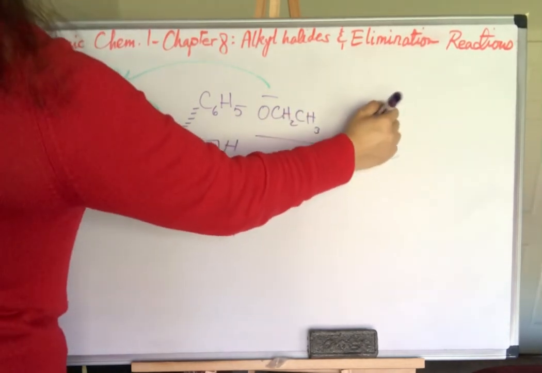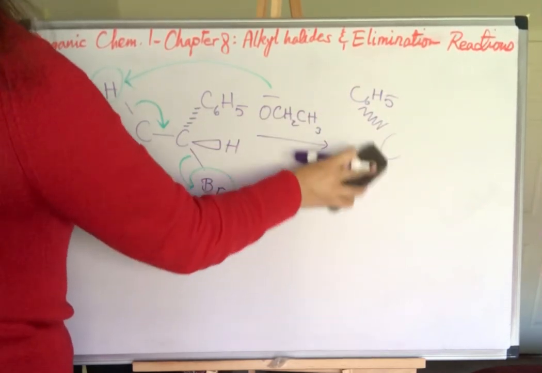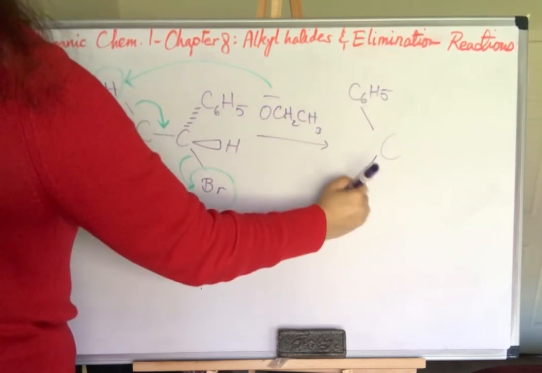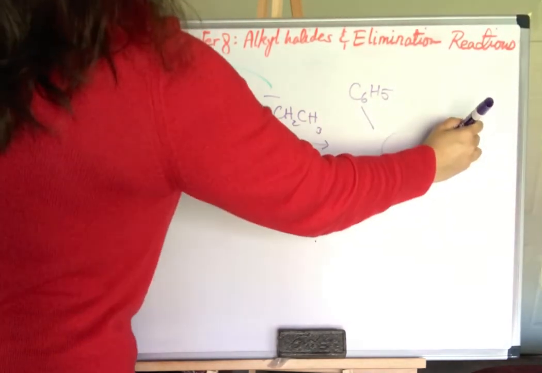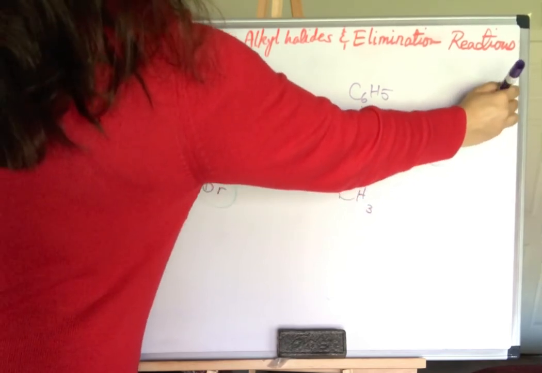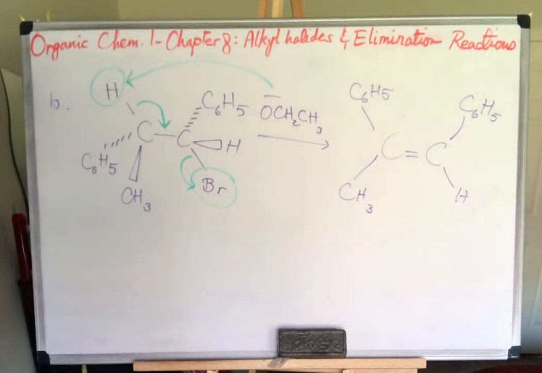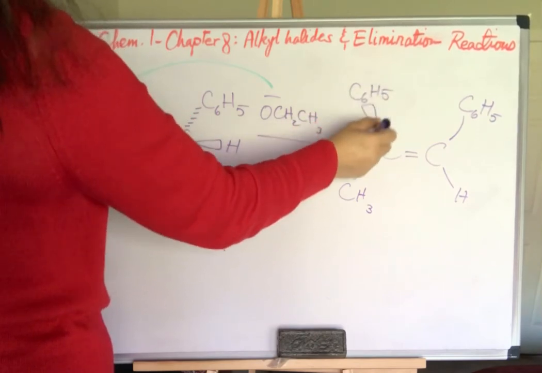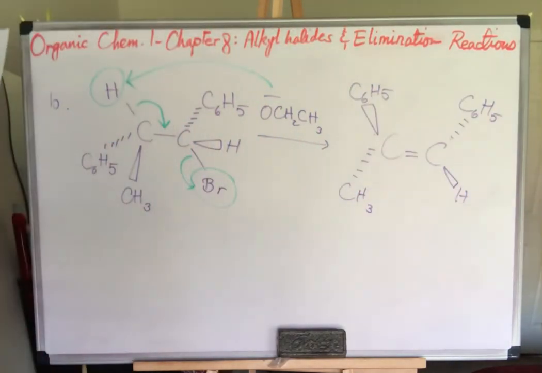So we're going to have C6H5 and hydrogen. If you want the exact geometry, this one comes to the front probably, this one goes to the back, and this one comes to the front. Why? Because C6H5 are big, we don't want them on the same side.